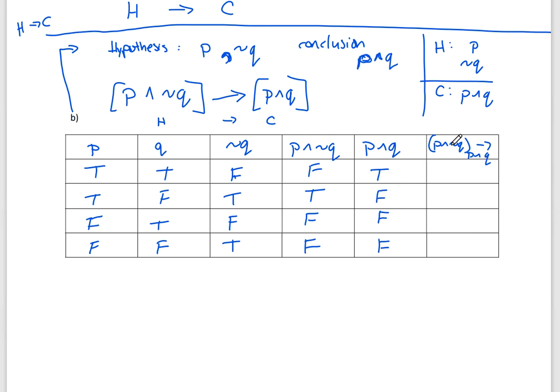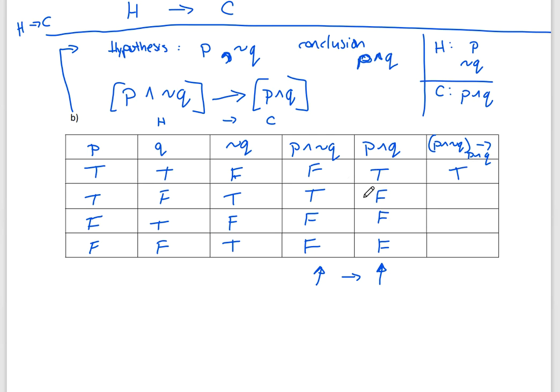So the implication here, I'm looking at this one implying that one. So false implies true. Remember our conditionals. If we have a false hypothesis, it doesn't matter what the second statement or compound statement is, it's going to end up being true, because we start on false premises. So we're going to have true.